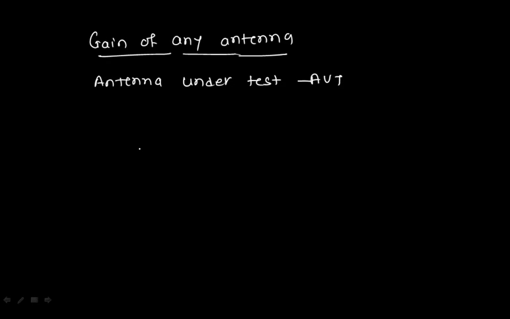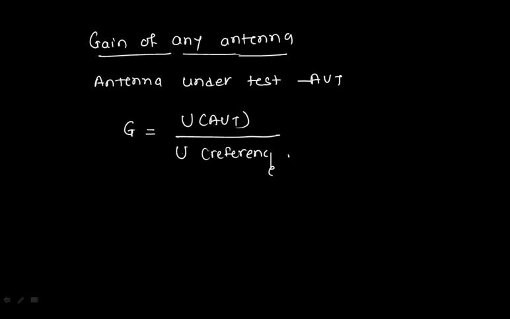So for the reference antenna, the gain is equal to U of AUT, antenna under test, divided by U of the reference antenna. This is the way you can measure the gain by comparing the radiation intensity of any antenna with the reference antenna. In most cases the reference antenna is a lossless isotropic antenna.